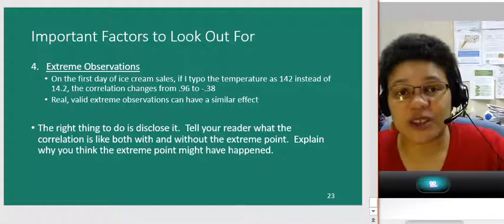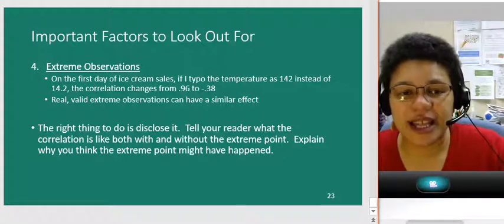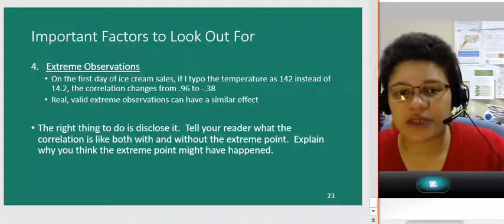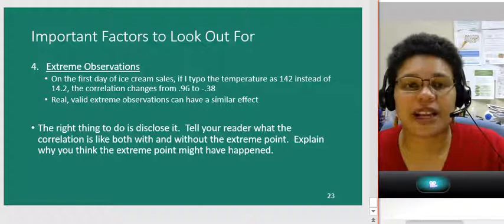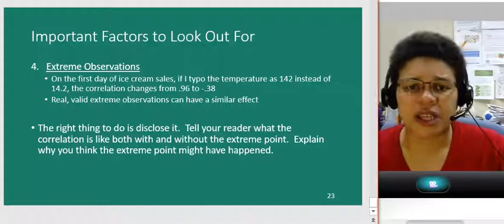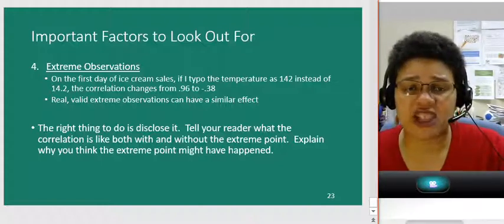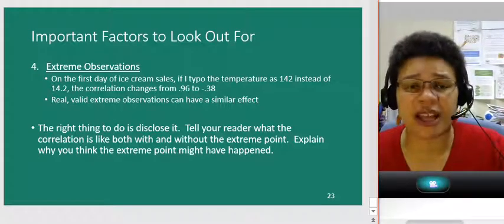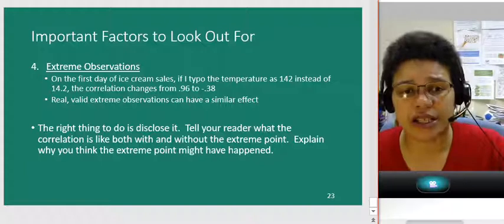In that case it's a typo, but sometimes there are real extreme observations, and they have a similar effect where they throw things off. In this example, it changes the correlation from being positive to being negative, and from being strong to being more moderate.